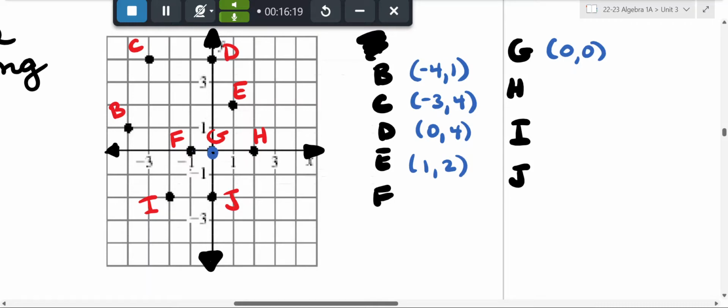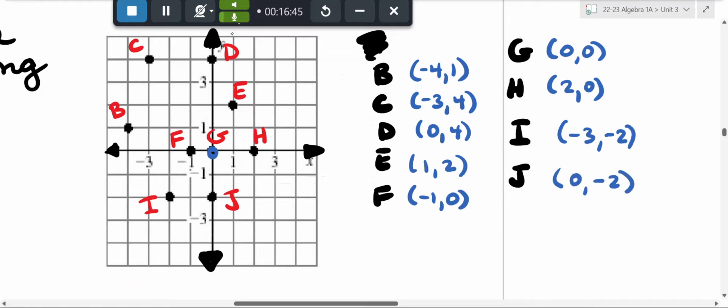F is -1, 0. H is 2, 0. I is -3, -2. And if I make a mistake, please let me know, okay? And J is 0, -2.